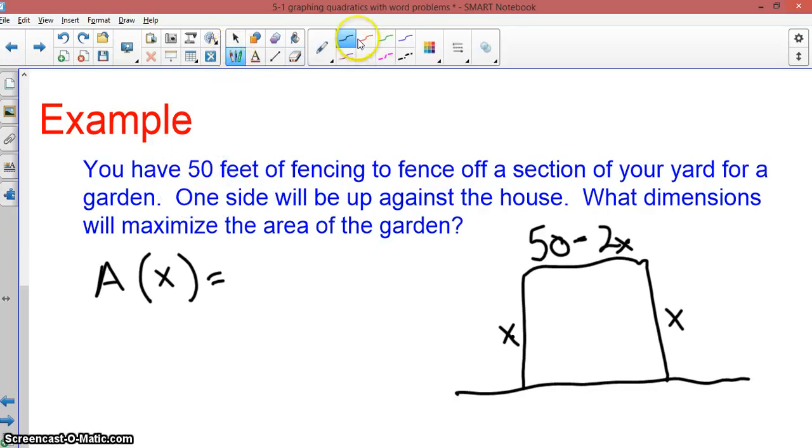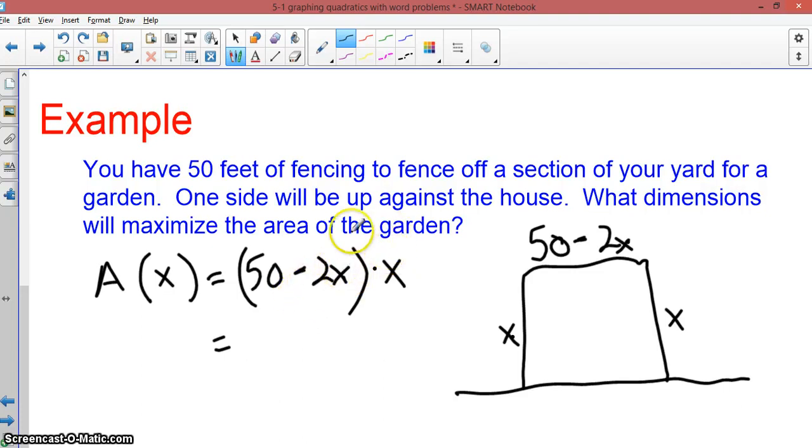So what is the area then? The area is length times width. So 50 minus 2x times x, which is, now I'm going to distribute, and I'm going to put the x squared part first.